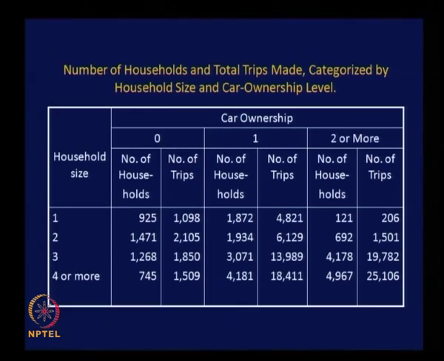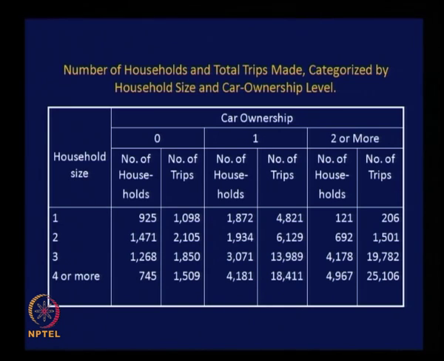Can we just find out the trip rate for each of these categories of households from the given information? Just trip rate. What is the trip rate for 1 person household owning no vehicle? How do we get it?